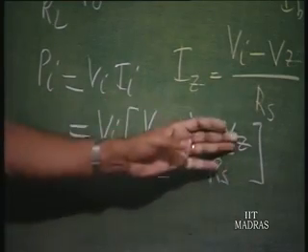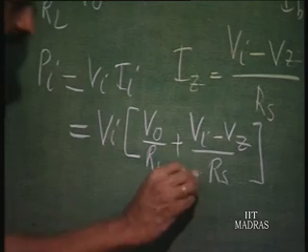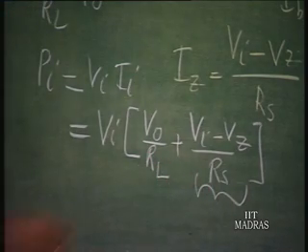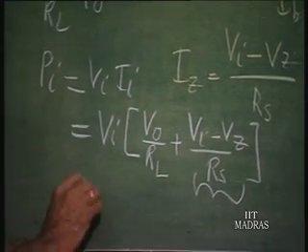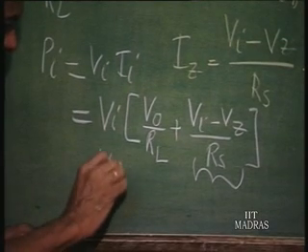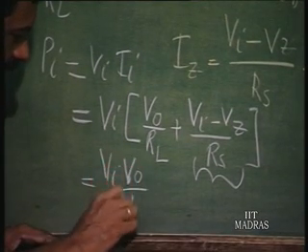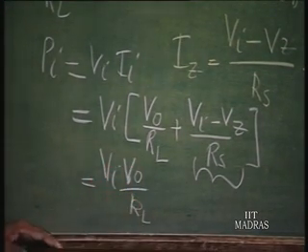This is called the bias current, this is actually the load current. This is normally very small compared to this. So, essentially you have the power dissipated, which is V_I into V_naught by R_L.